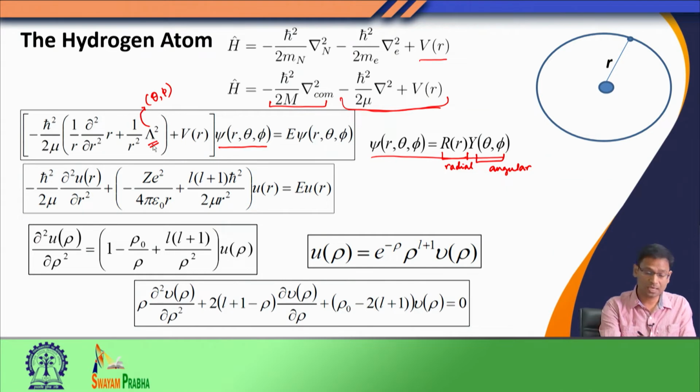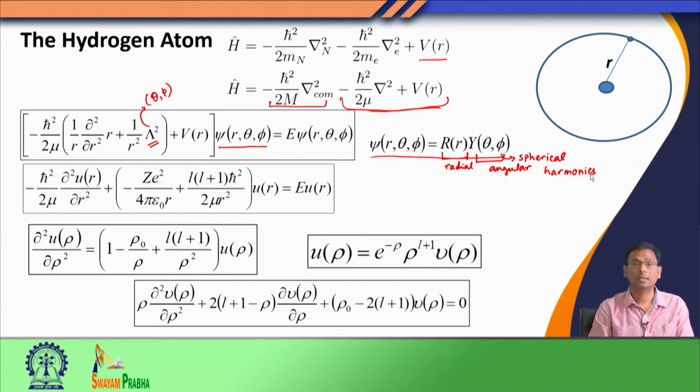What angular function could we take? We see that this is the lambda square operator, which is closely related to L square, the orbital angular momentum operator. So, therefore, the angular functions that we should take can be the spherical harmonics. They are simply the eigenfunctions of the L square operator.